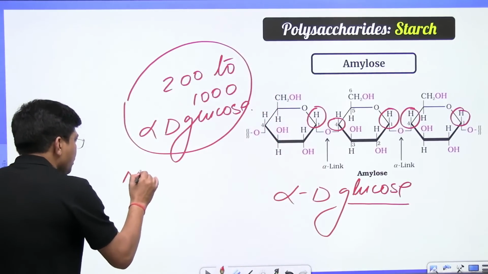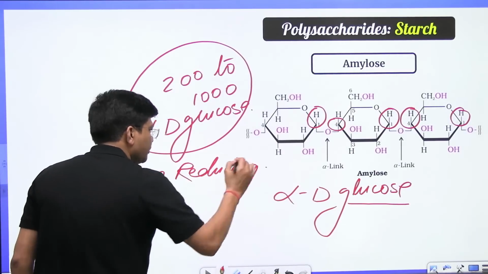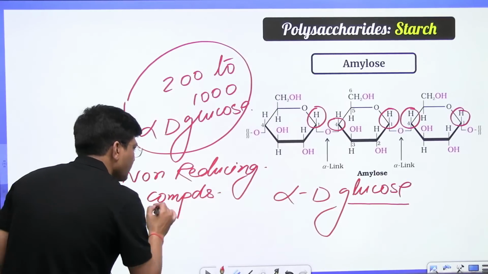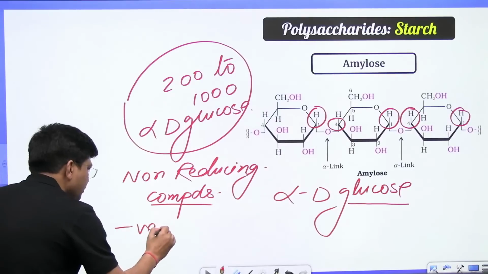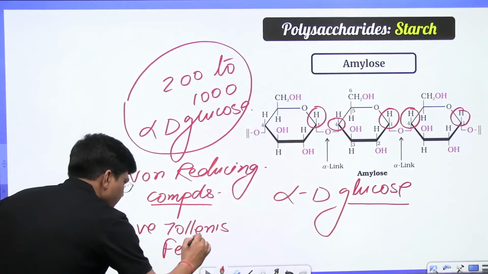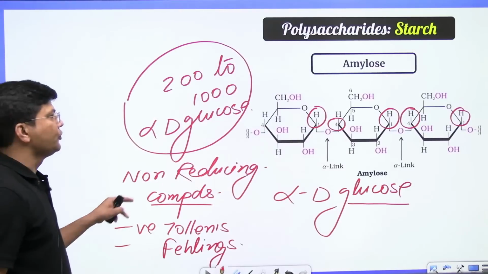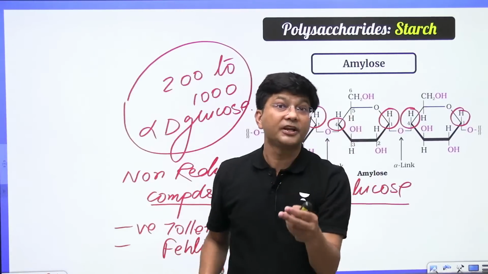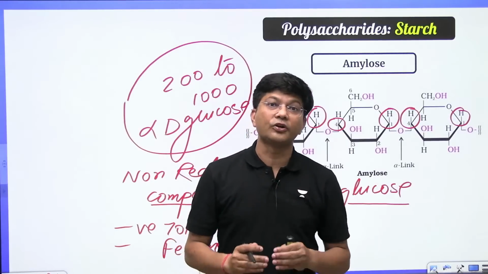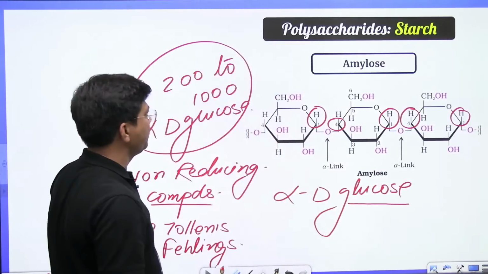So definitely non-reducing compounds. They will show a negative Tollens and Fehling test. The first carbon, the anomeric carbon, is not able to react with Tollens reagent, that is ammoniacal silver nitrate solution, and Fehling solution. So these are non-reducing. This is very much clear to all of you.